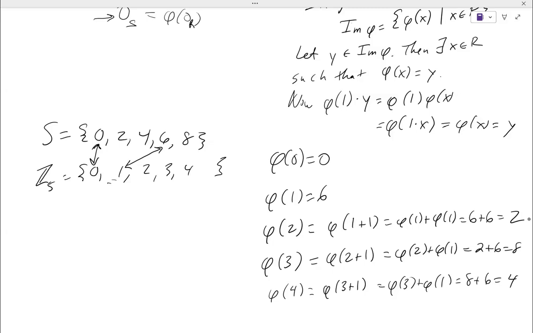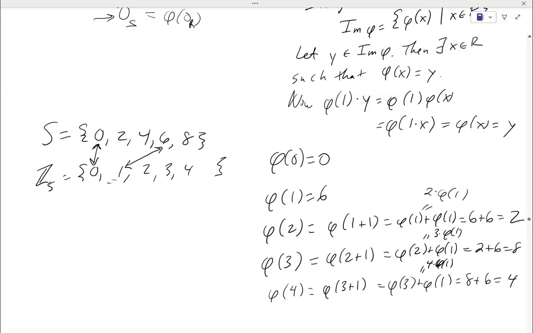Well, 1 got mapped to 6, 2 got mapped to 12, but we can think of that as the same thing as 2 times phi of 1, isn't it? You agree with that? This is the same thing as 3 times phi of 1. This is the same thing as 4 times phi of 1.